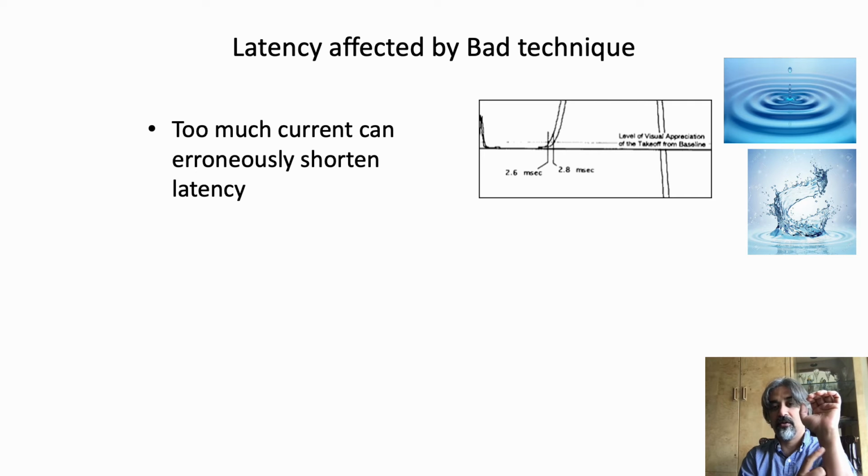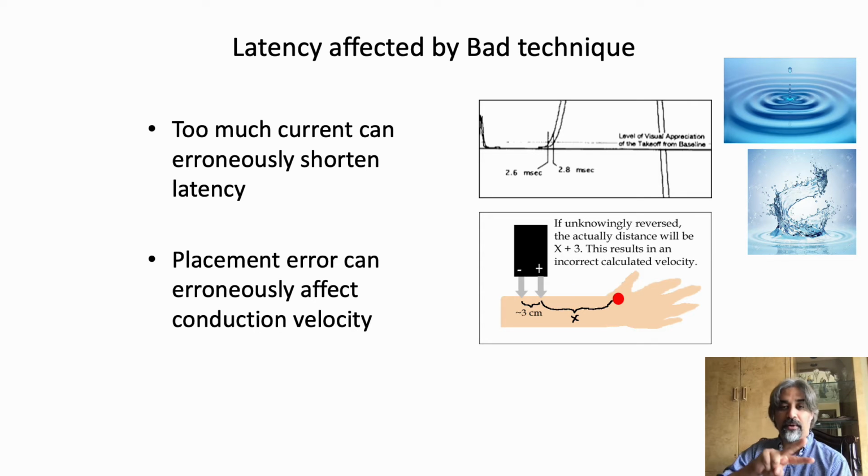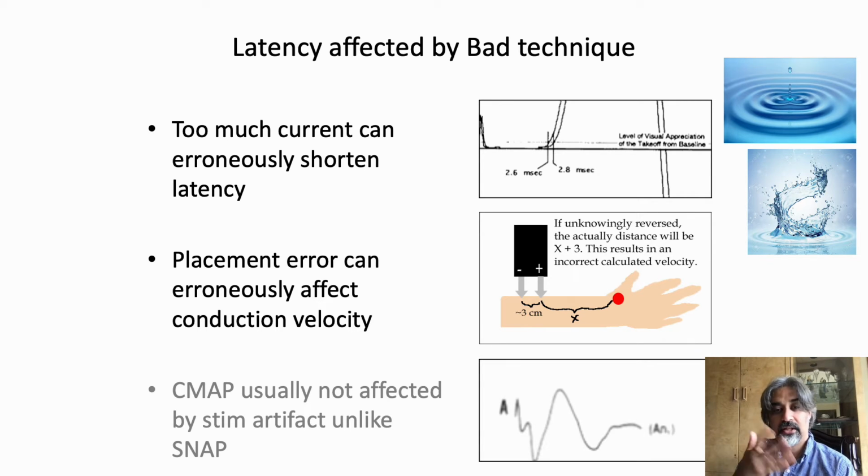So instead of right here, it'll be kind of spread. If I accidentally switch my cathode and anode, that will give me an artificially prolonged latency. And fortunately, unlike sensory, stim artifact doesn't affect CMAPs nearly as much as it does obtaining SNAPs.